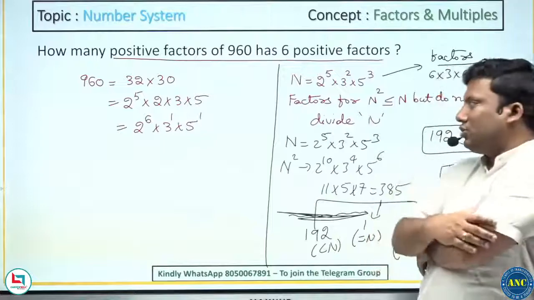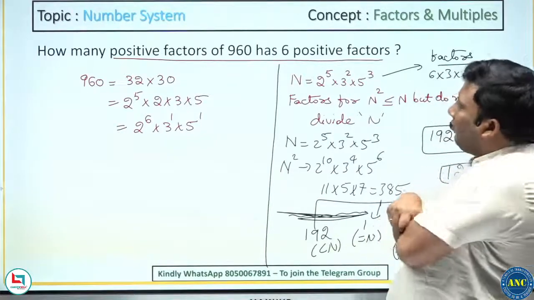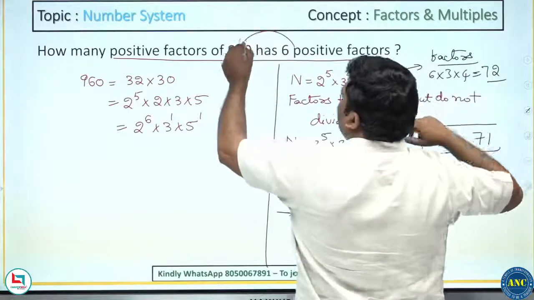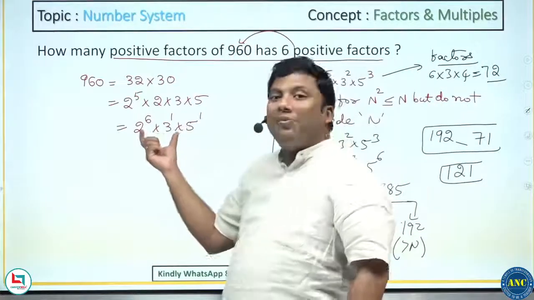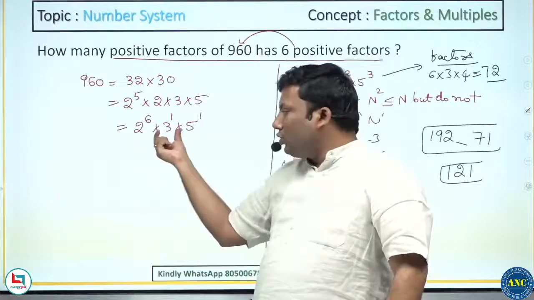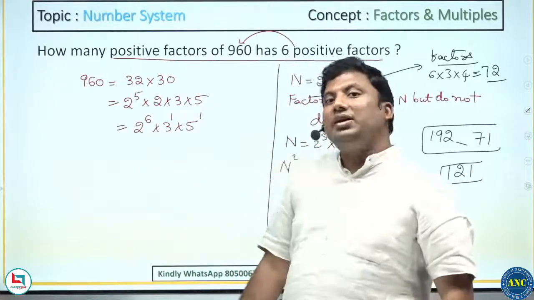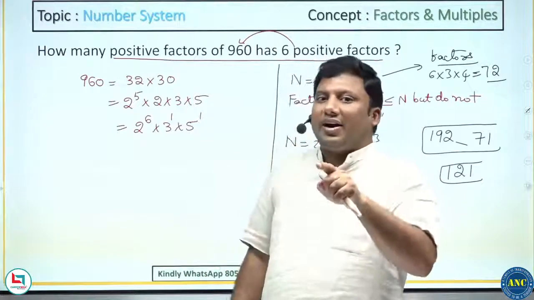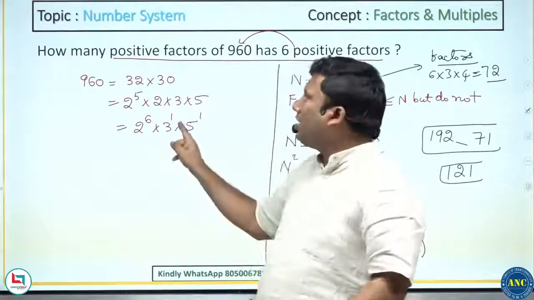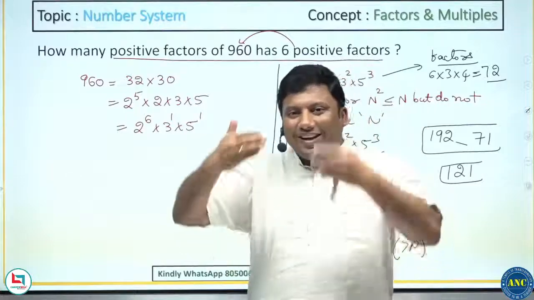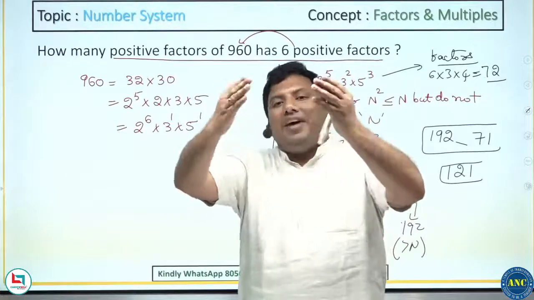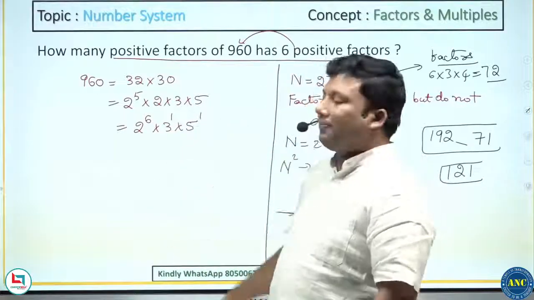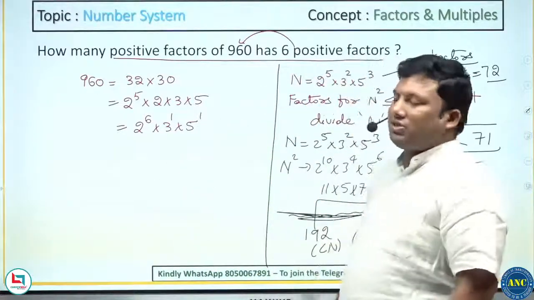That means totally how many factors are there? 7 into 2 into 2, total 28 factors for this number. In that 28 factors, which factors have exactly 6 factors? Question is clear? You have to find the factors of 960, and in that, certain factors have 6 positive factors.